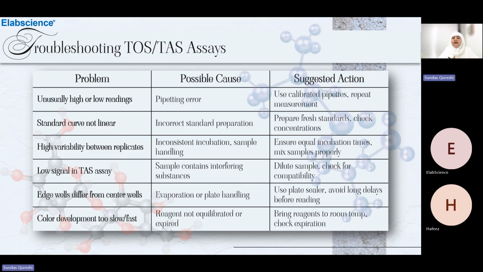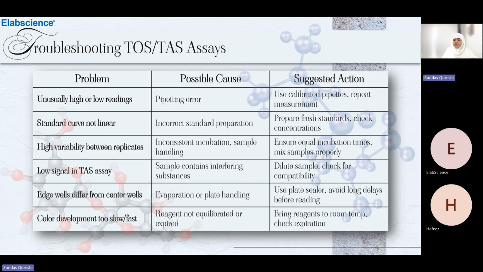Okay, when we are running the TOS or TAS assays, there are several common issues which can arise. First of all, pipetting errors can lead to unusually high or low readings. So always ensure that the pipettes are calibrated and the techniques we are using are consistent.